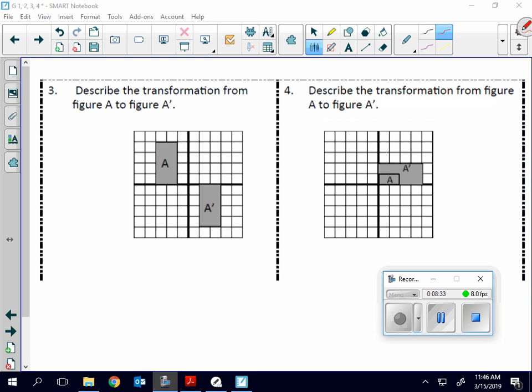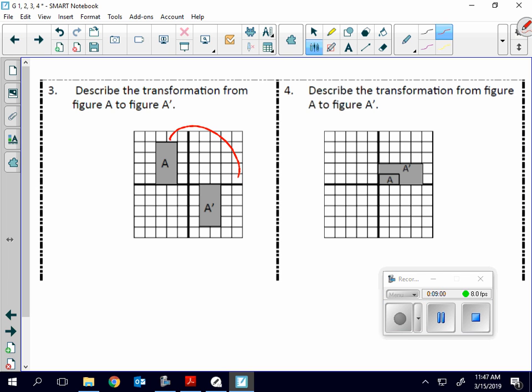All right, number 3, describe the transformation from A to A prime. This one looks like we have a couple things that could have been done, since it's a figure that we can't tell if it's been turned around really, or if it's facing the same direction. So 2 options for this one. One option was that we rotated it 180 degrees, right?